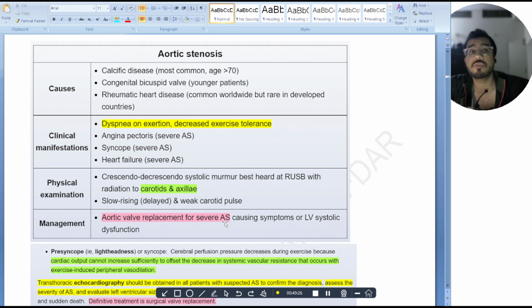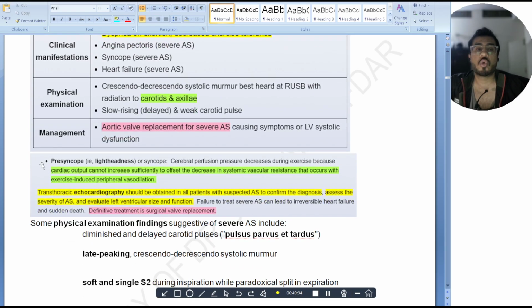Aortic valve replacement for severe aortic stenosis. So the main premise of this discussion is how you are gonna grade whether you need aortic valve replacement or not. One of the confusing things is pre-syncope or syncope. Cerebral perfusion pressure decreases during exercise because cardiac output cannot increase efficiently to offset the decrease in systemic vascular resistance that occurs with exercise-induced peripheral vasodilation.